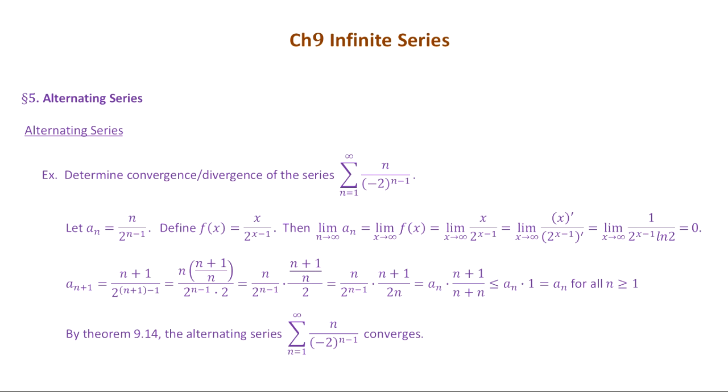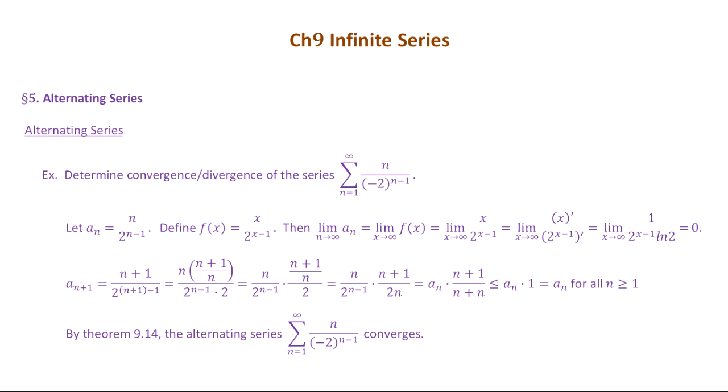Okay, so the first part, n over 2 to the n minus 1, is just a_n. So we have this a_n to compare with a_(n+1). And then n plus 1 over n over 2 is just n plus 1 over 2n, and you multiply a_n by the whole thing.